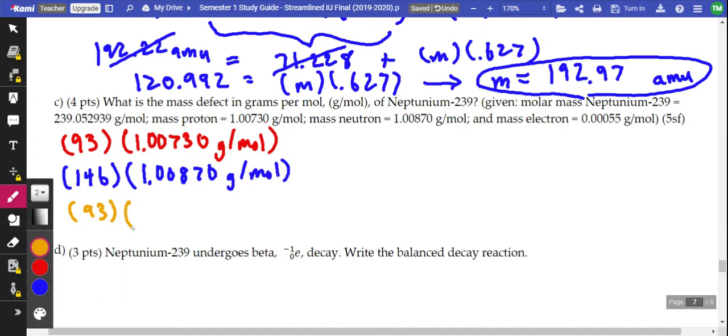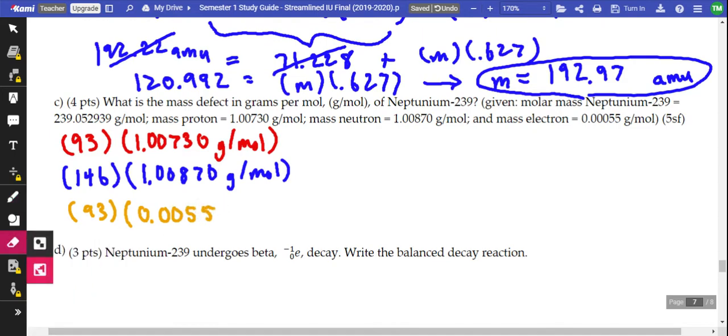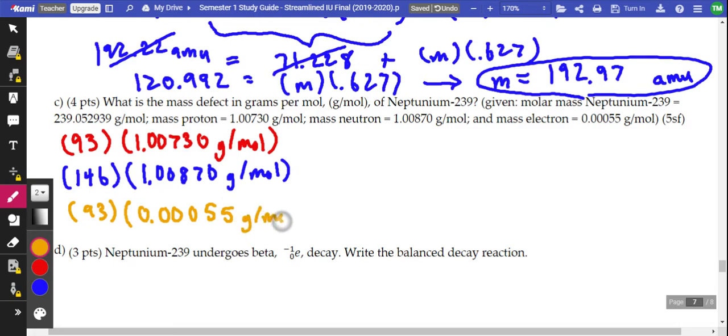And then the mass of our electron is 0.00055 grams per mole. Oh, hold on, there's another 0 in there. I missed a 0. Try that again. 0.00055 grams per mole.